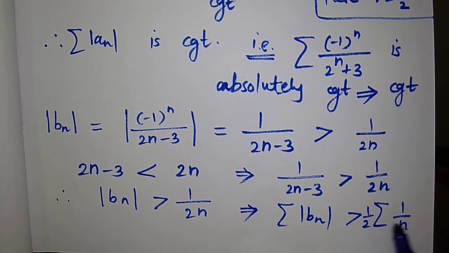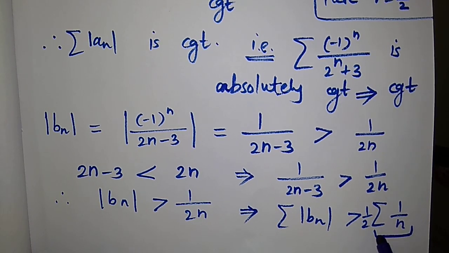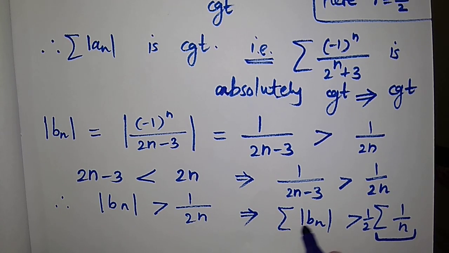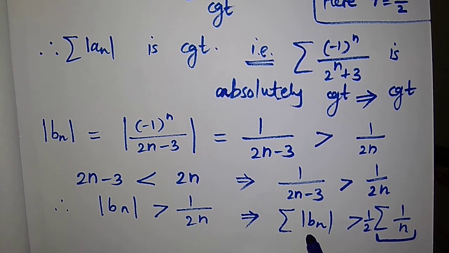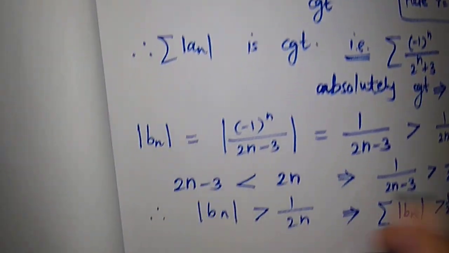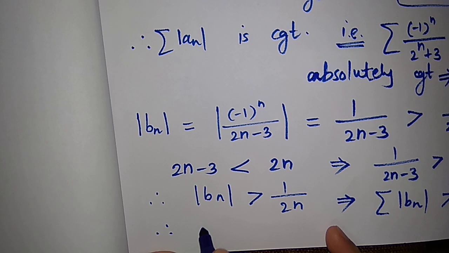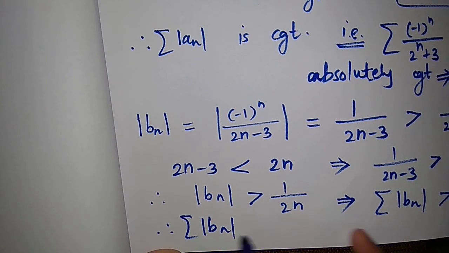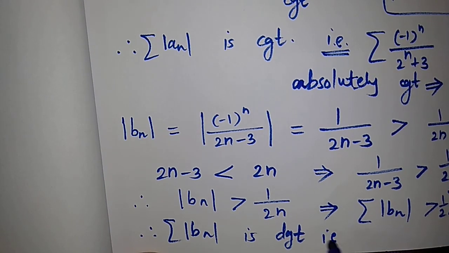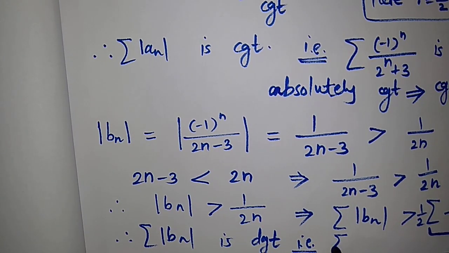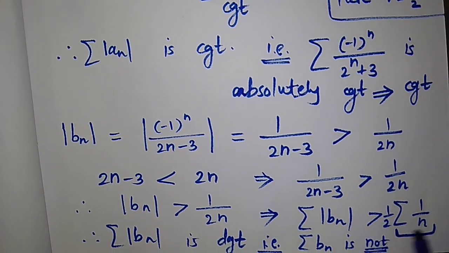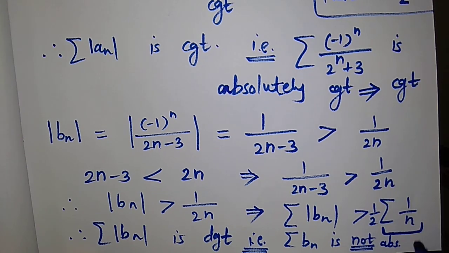And we know that the series 1 by n is divergent. So by the comparison test, summation modulus of b_n must be divergent. That is, this summation b_n is not absolutely convergent because its modulus is not convergent, correct?